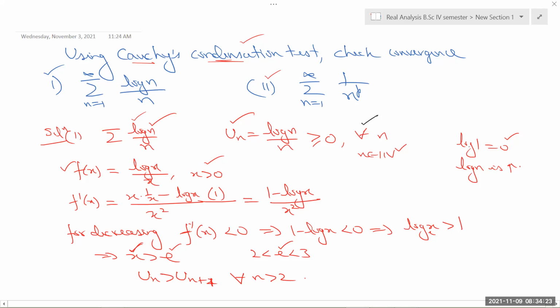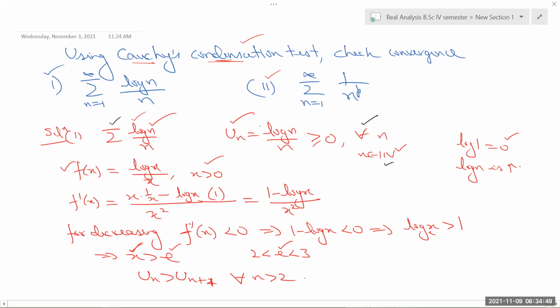Clearly, log 1 is 0 and the rest of log n is increasing. Because the minimum value of n is 1, it will be 0 or greater than or equal to 0. Because n belongs to the natural numbers, I can clearly say that log n by n is greater than or equal to 0. So this one is basically a positive term series. In fact, you can say a non-negative term series.